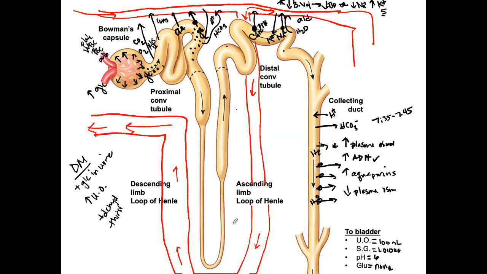We reabsorb a lot of sodium down here. So I'm going to make a big arrow. So reabsorb a lot of sodium here, and it's active. Then we pull in a little bit less here, and then we pull in a little bit less here.